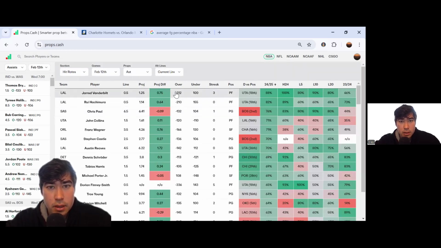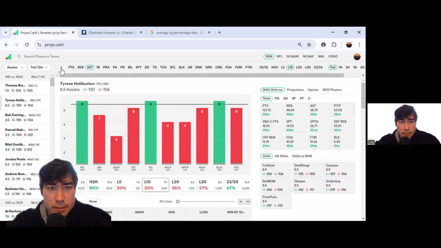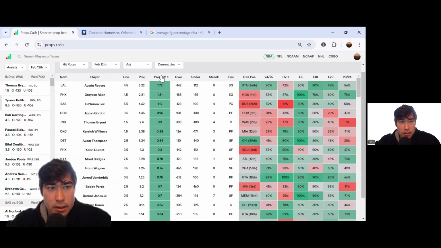All right, let's find a better one. Maybe we would take Luka's under. I don't know, these are all star players. Maybe take Halliburton's under. Wait, he's playing Washington though, so we wouldn't, because he's gonna get a bunch of assists against Washington. Okay, there's not many good unders.